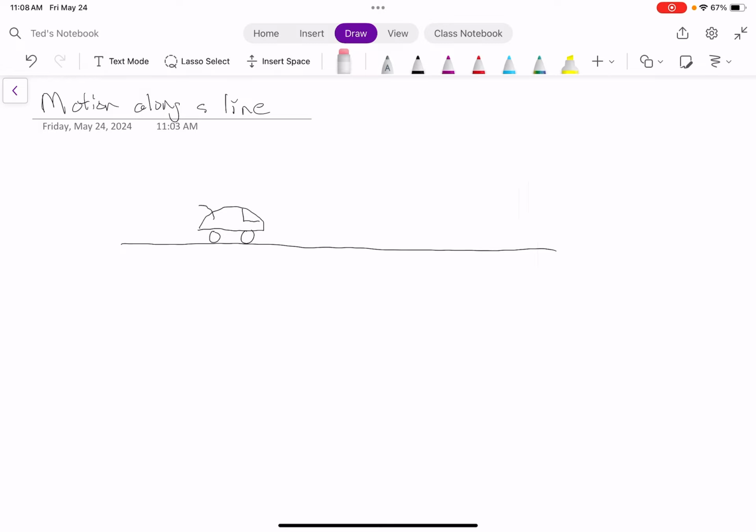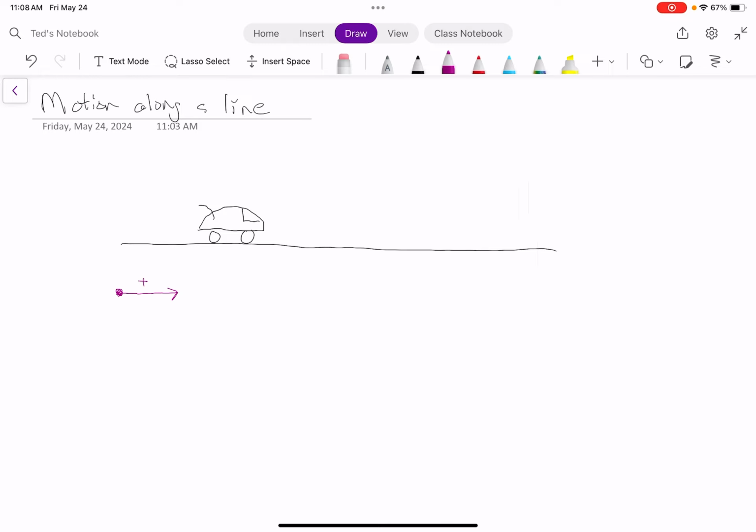So we need to collectively agree on a coordinate system. A coordinate system needs to have a 0 point. So let's say that this is my 0, and this is the positive direction. We'll decide that moving to the right is positive and moving to the left is negative.